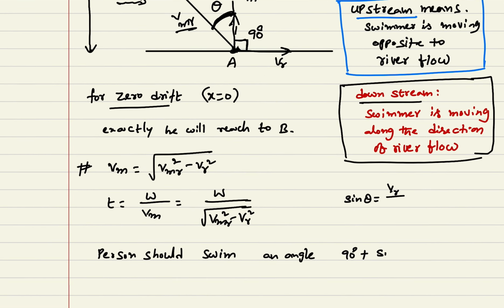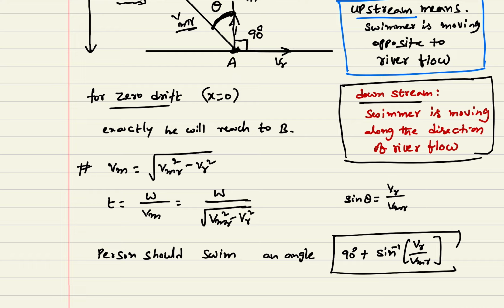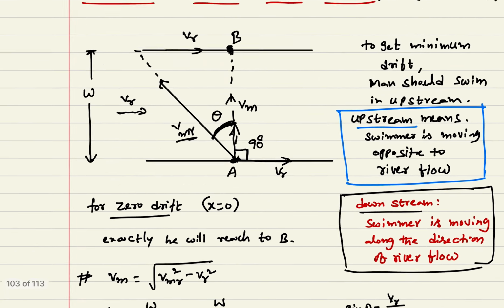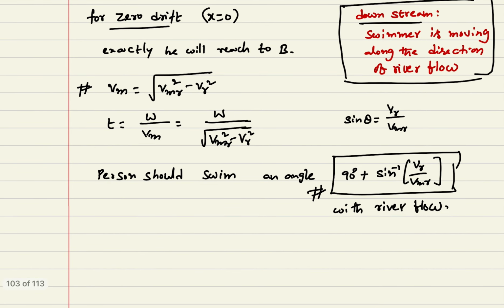From the figure we can write sin theta is equal to VR divided by VMR. So you can write sin inverse of VR by VMR with the river flow. You should swim like this. These are the relations to get the zero drift.